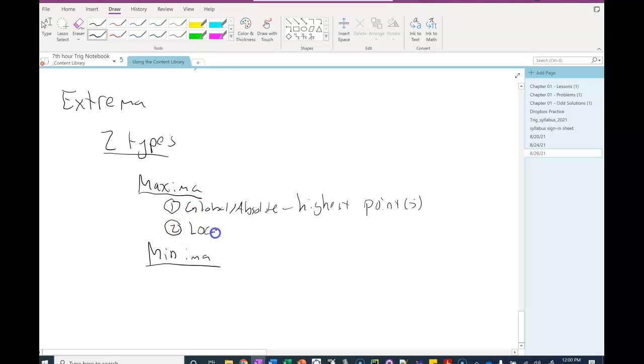And then you can have a local maximum, which is just like the top of any hill. We'll draw some examples here in a second to really clarify. The pictures are going to be easier to deal with than the definition, because it's largely a visual exercise. And once we show you some pictures and talk about what these look like, it should be really clear.